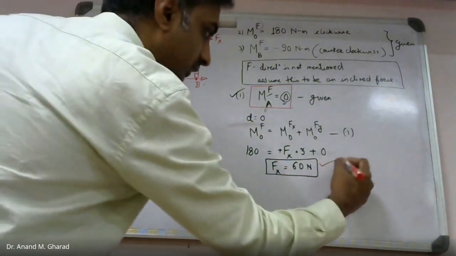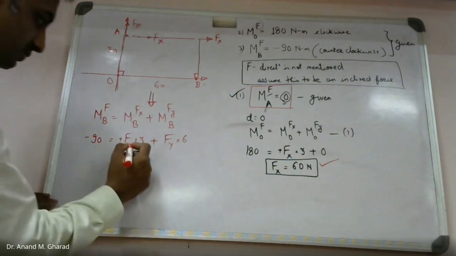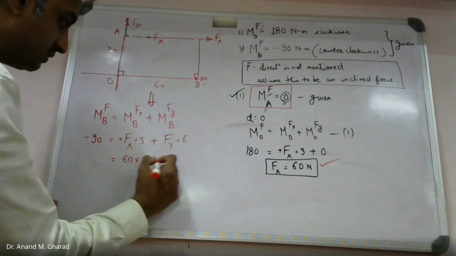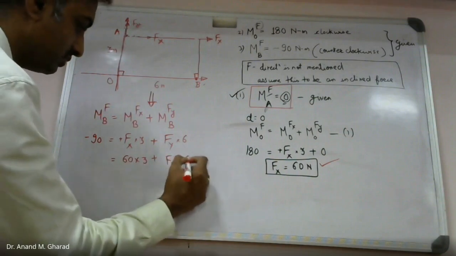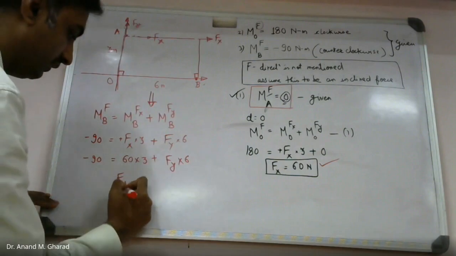Now what do we know? We know the value of Fx to be 60, is it not? Substitute that value over here. 60 into 3 plus Fy into 6. This is minus 90. What value of Fy do we get?